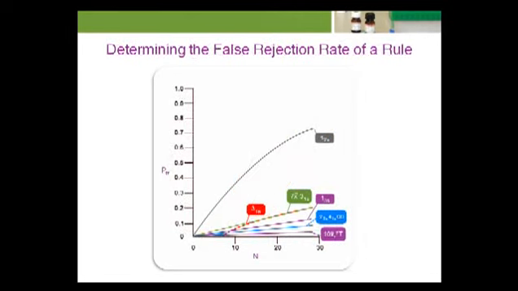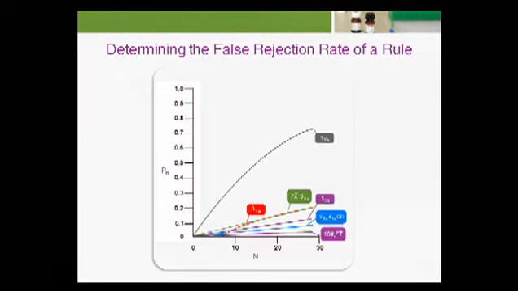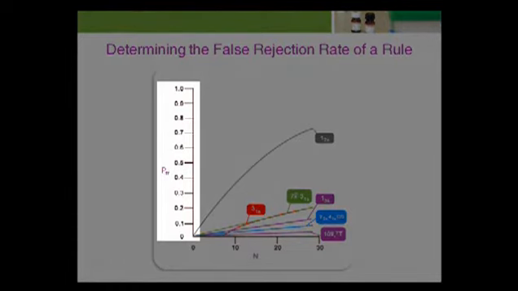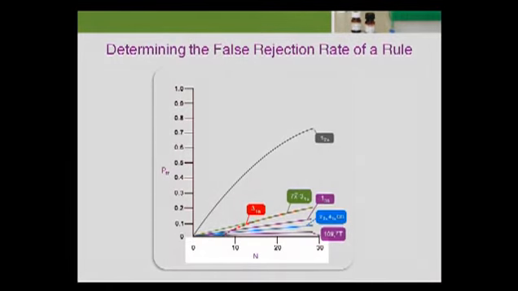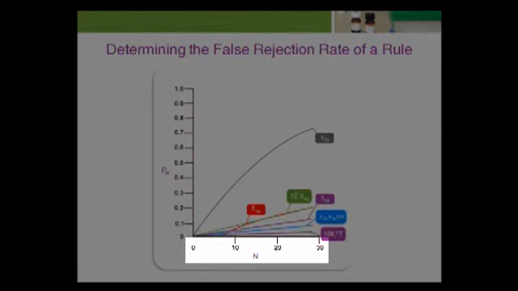Each QC rule also has a false rejection rate, or probability of false rejection. This plot shows the false rejection characteristics of a number of different QC rules. The vertical axis is the probability of false rejection. The horizontal axis is the number of times the rule is evaluated.